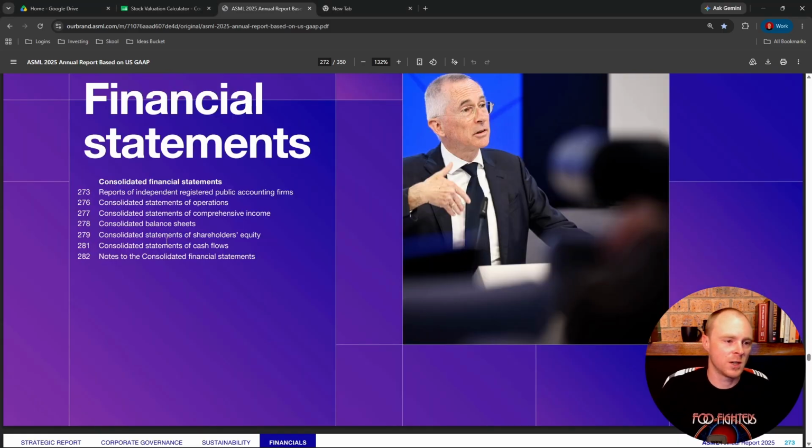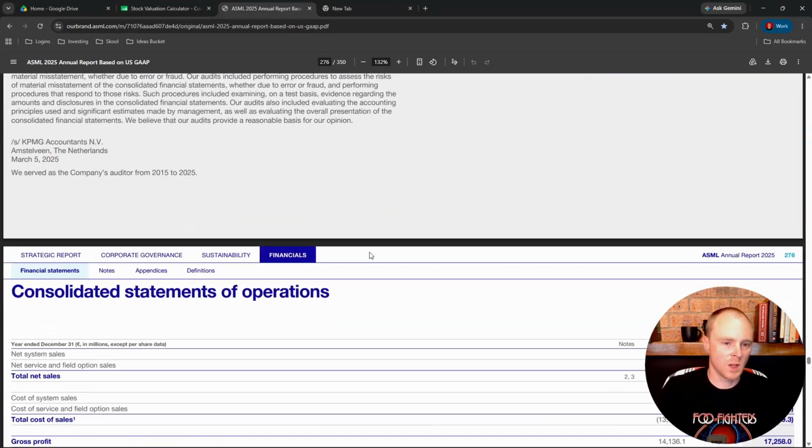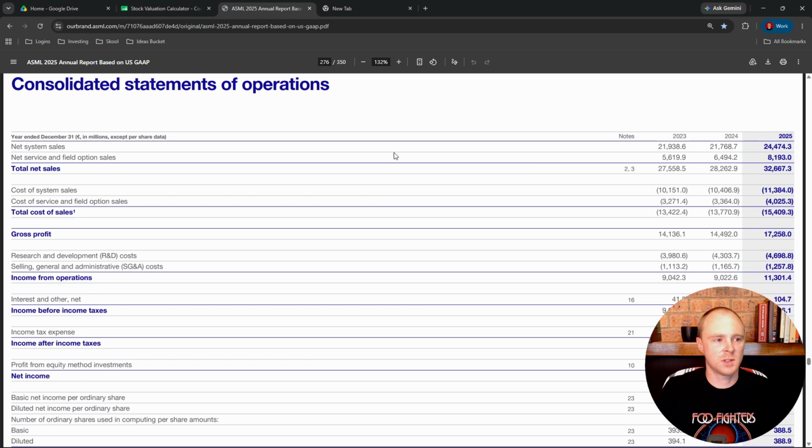Go find the financials. And like we've done before, we just want to have a sticky beak at the net sales. We can see that from 23 to 24 to 25, it's growing. It's fairly steady. But a better sign is the net service and field option sales are growing and almost doubling over that period as well, which is a really good sign.